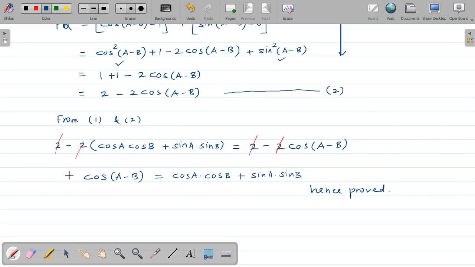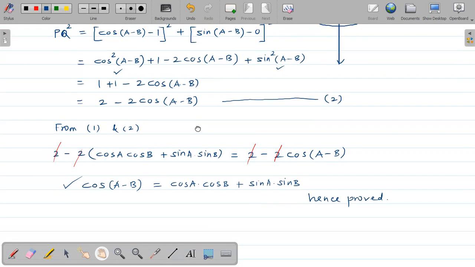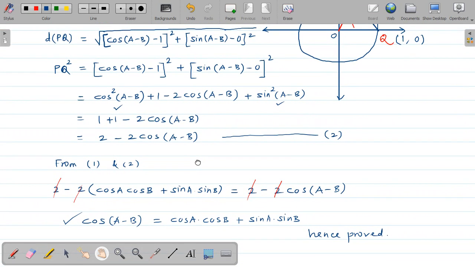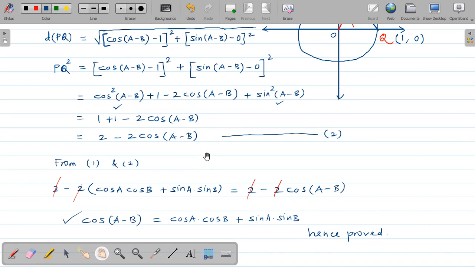This is the compound angle formula, the first compound angle formula, cos(A minus B). From now onwards you remember it as cos A cos B plus sin A sin B. So see the proof carefully. Okay, thank you.